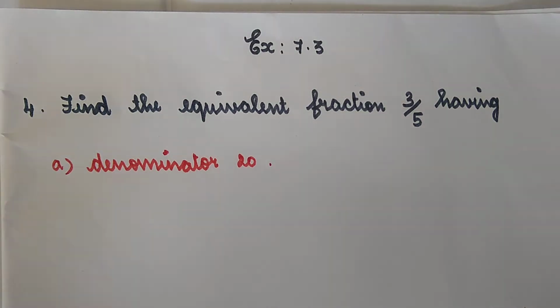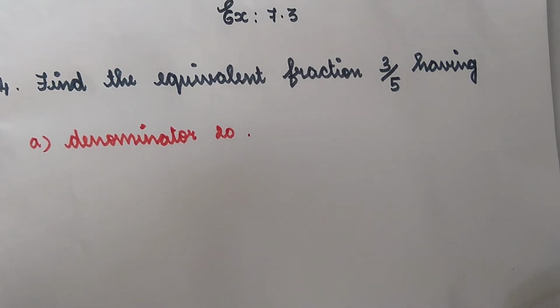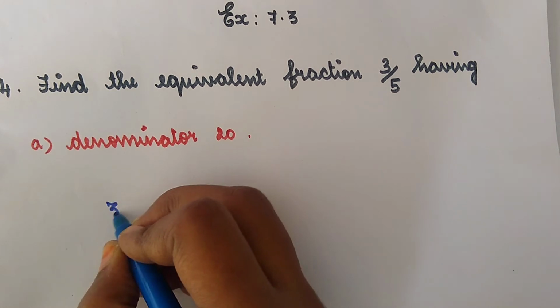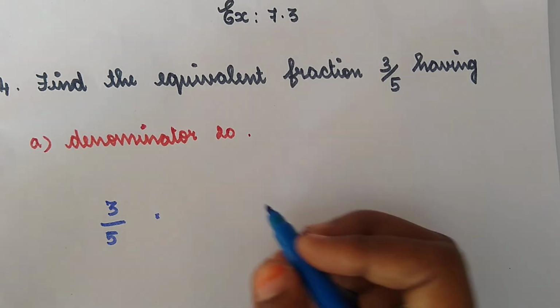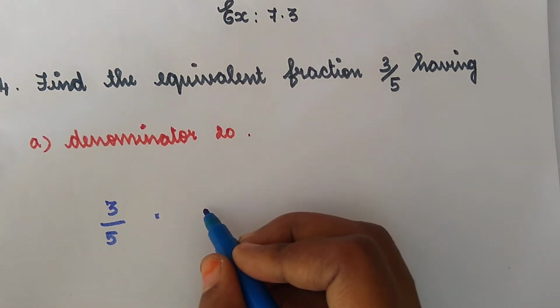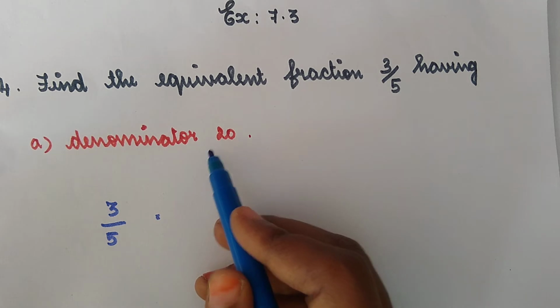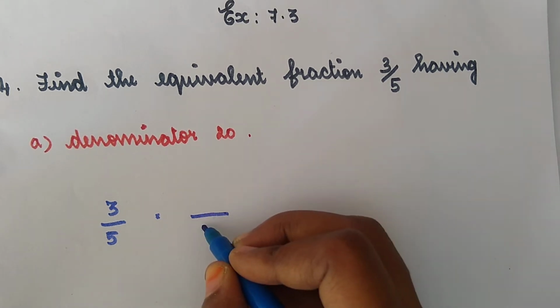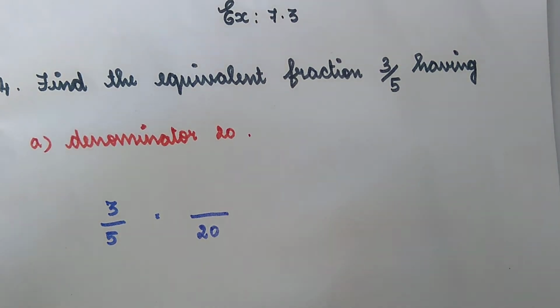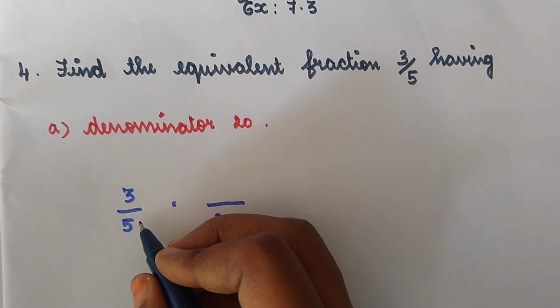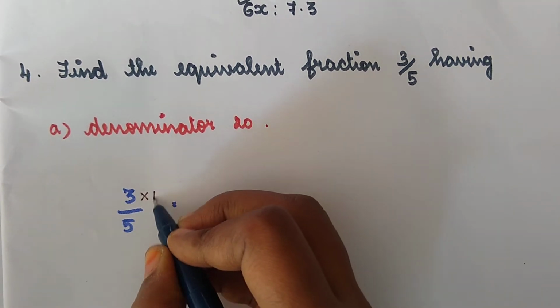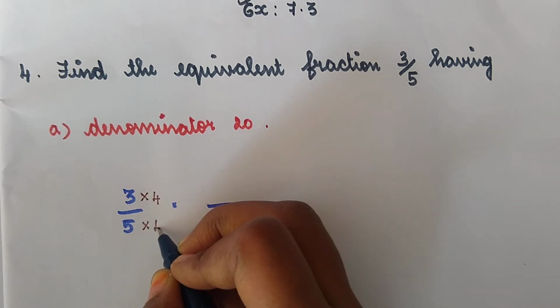Let me see. 3 by 5. The given question is 3 by 5. Here what is given? Denominator 20 is given. So we have to multiply 4 on both numerator and denominator.